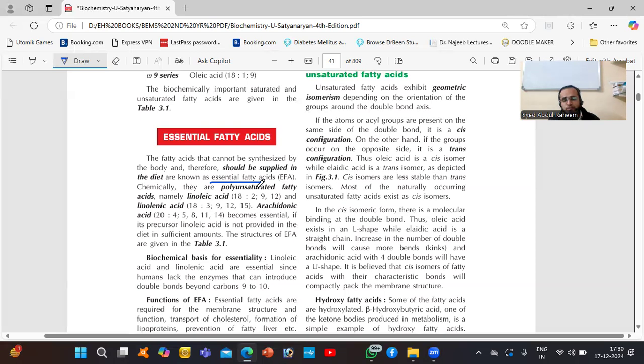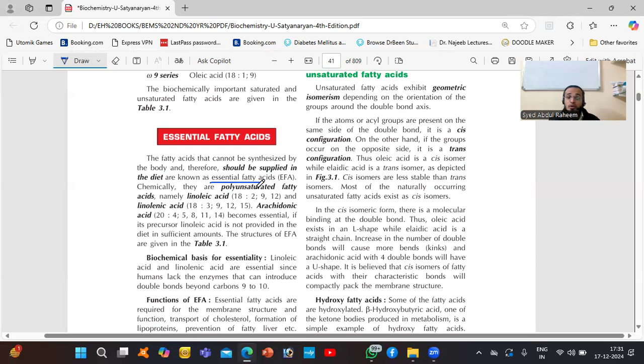Whatever we eat from food: some foods have fatty acids, like oils, almonds, fish oil, groundnut, walnut, cashews and pistachios. All those have essential fatty acids.